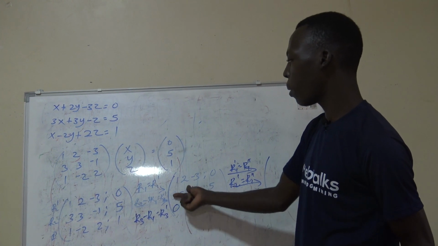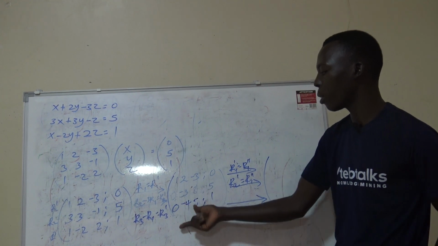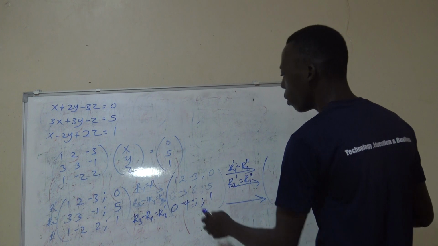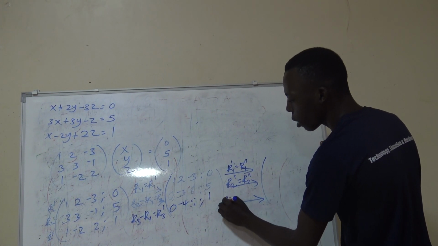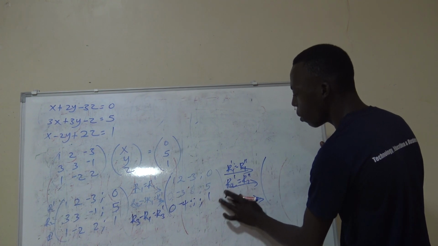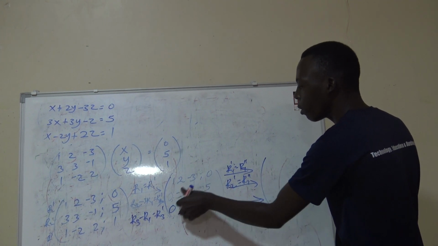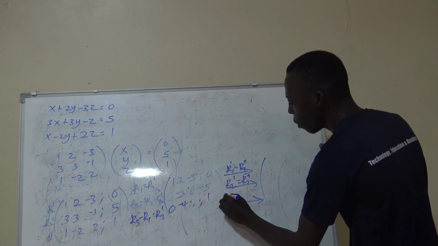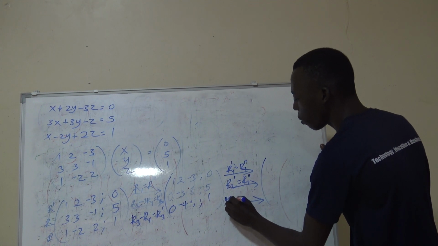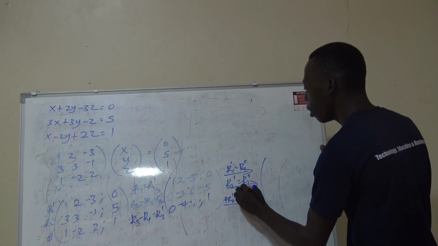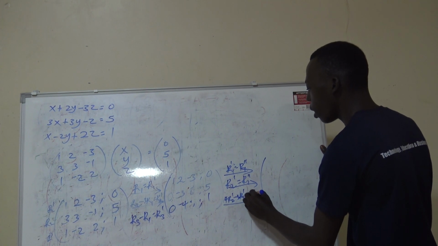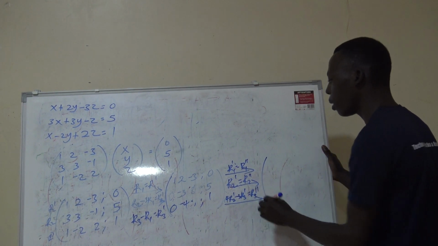We also apply the elimination method on this one. We multiply this one by 4 and this one by 3, so 4 R2 prime minus 3 R3 prime must give us R3 double prime.